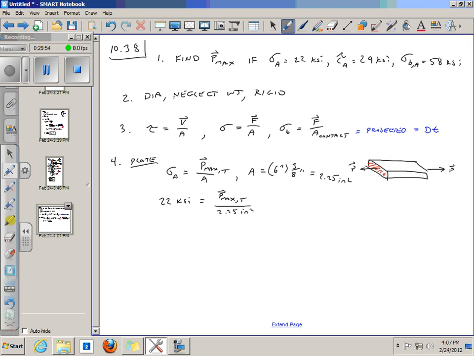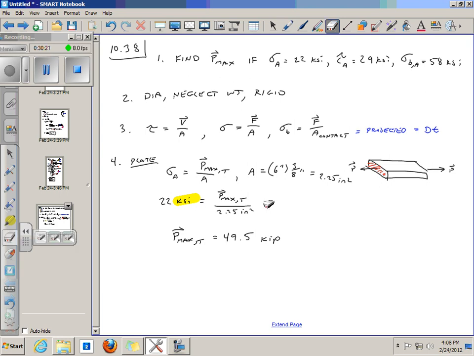And so, therefore, P max in tension is 49.5 kips, because ksi times square inch cancels, and I'm left with kips.